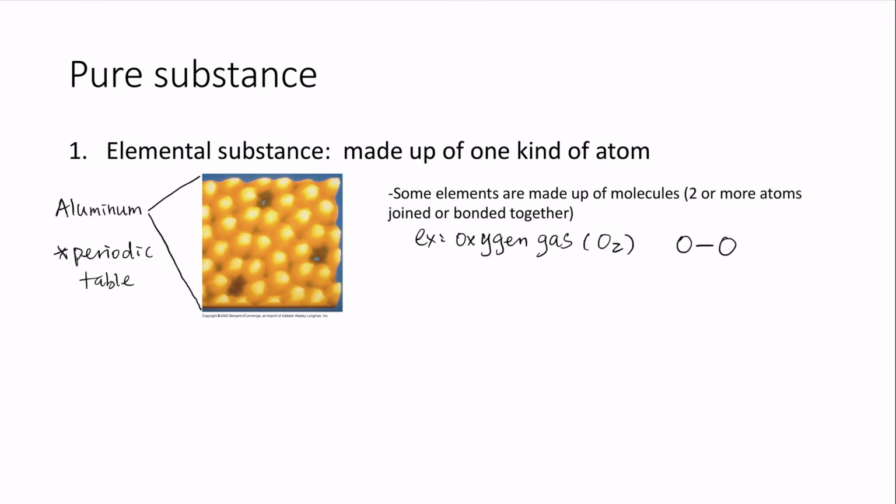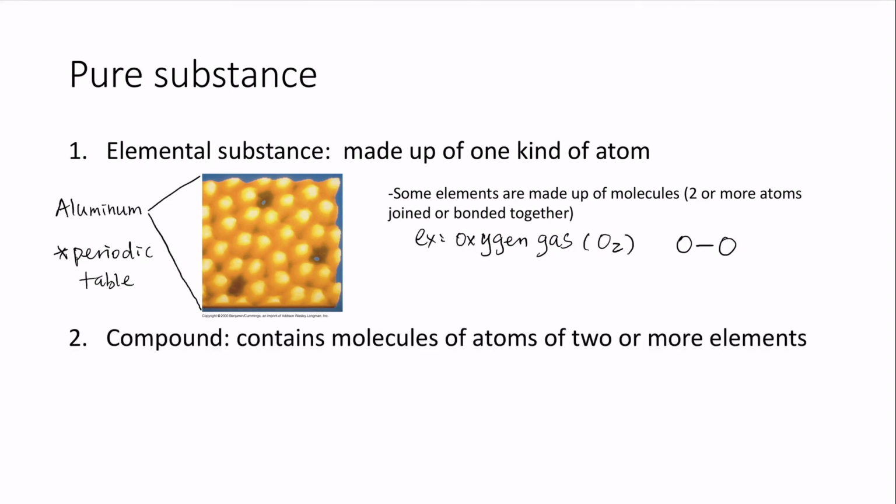This shows that two oxygen atoms are bonded together to form a molecule. Although oxygen gas consists of molecules, there's only one type of atom present. It is oxygen. So oxygen gas is still considered as an element.